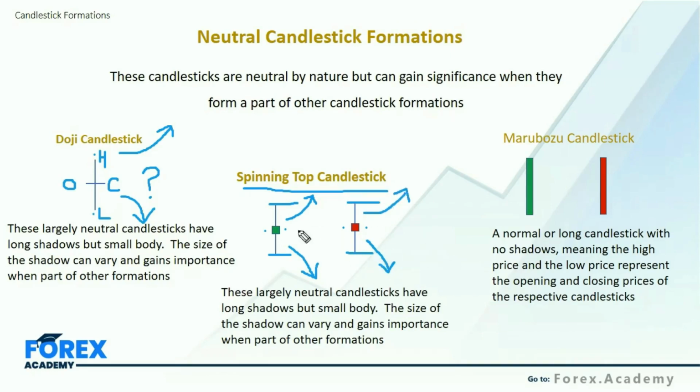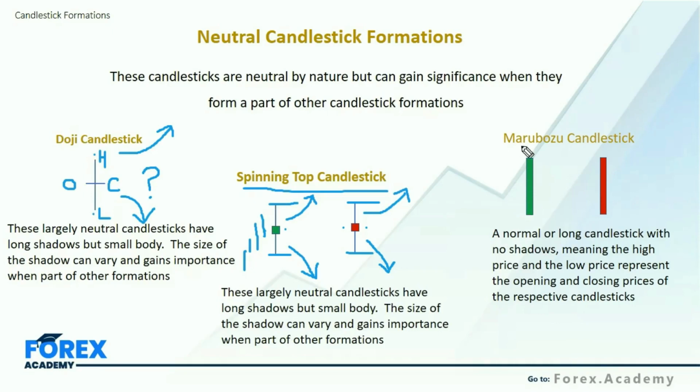So it actually depends on what comes next. And we also want to take note of what comes before it. If we're seeing some bullish price action, we might get continuation or we might get reversal. So it's really identifying what comes before and then making decisions in terms of what we're likely to see next. So those are spinning top candlesticks.